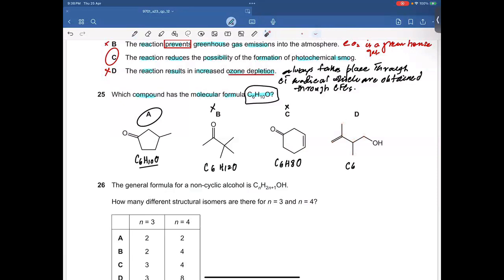Let's talk about the hydrogen. 3 plus 2, 5. 5 plus 1, 6. 6 plus 3, 9. 9, 10, 11, and then 12. So again, it has more hydrogen than the given molecular formula, which means D is also an incorrect option.